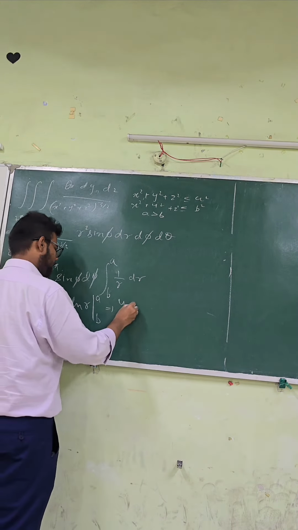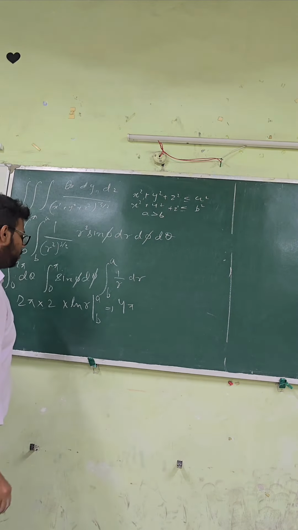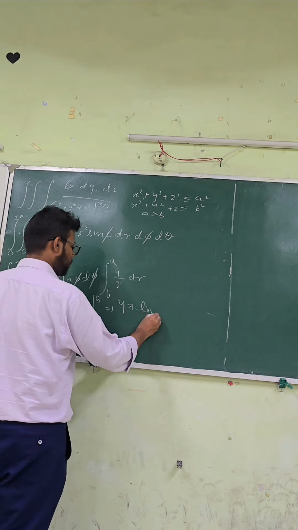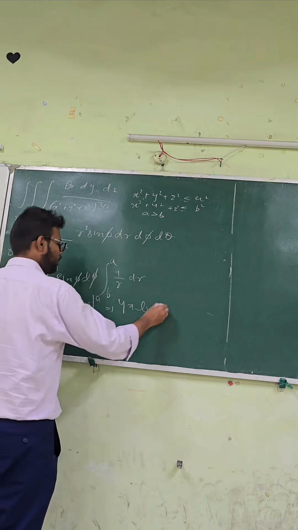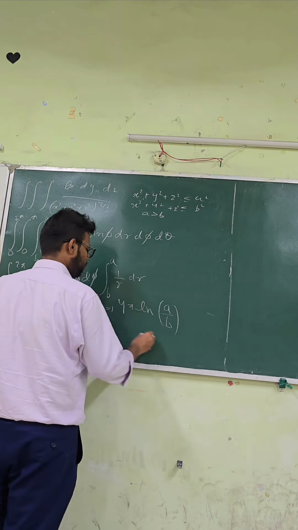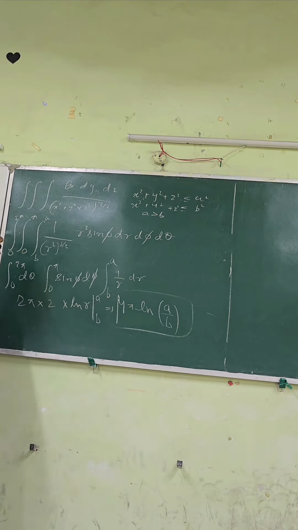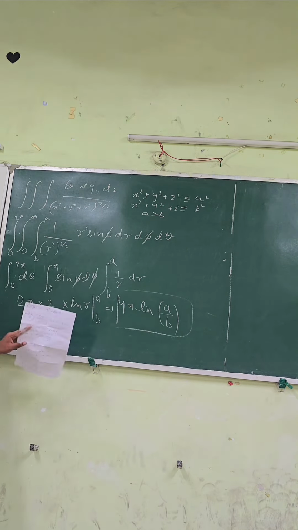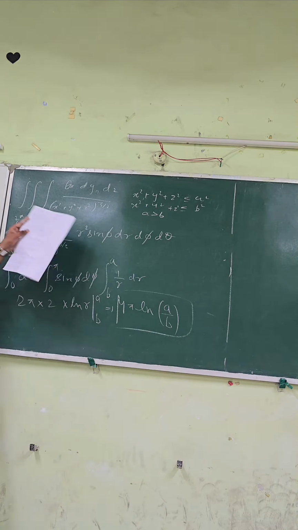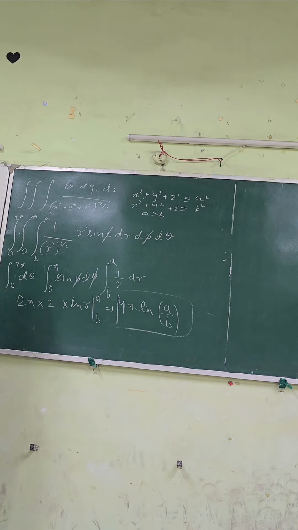You get 4 pi ln of a by b. So all you get is this. I hope that the calculation is right. Even if it is wrong, it doesn't matter, because I wanted to tell the concept first of all.